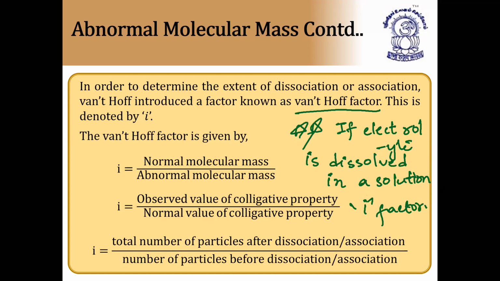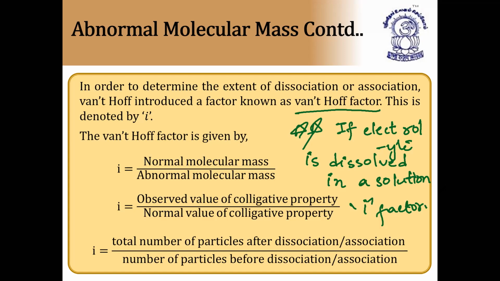So to account for that change in colligative property, one more factor is used, called the Van 't Hoff factor, where i is equal to normal molecular mass by abnormal molecular mass. i is equal to the observed value of the colligative property by the normal value of the colligative property. And also i is equal to the total number of particles after association or dissociation by the total number of particles before dissociation or association.